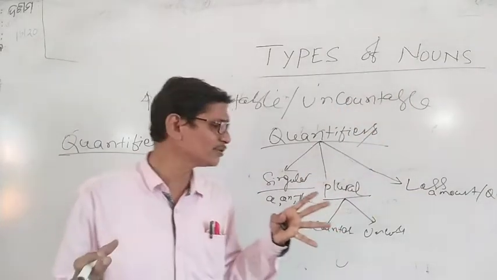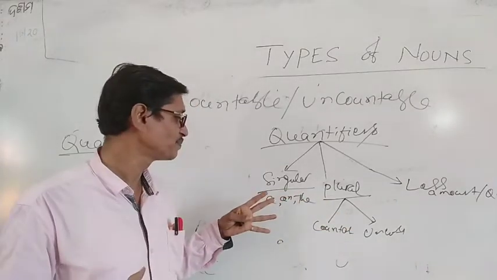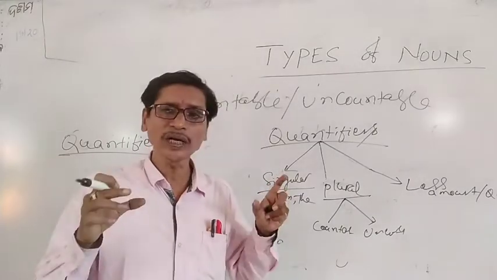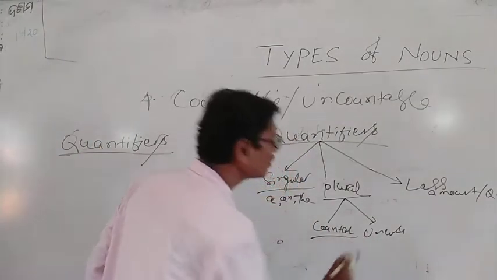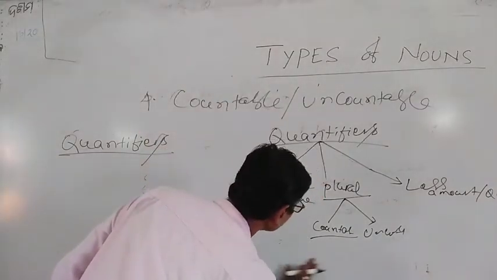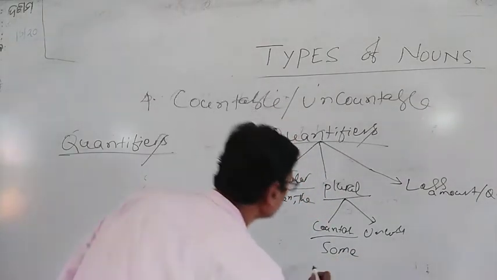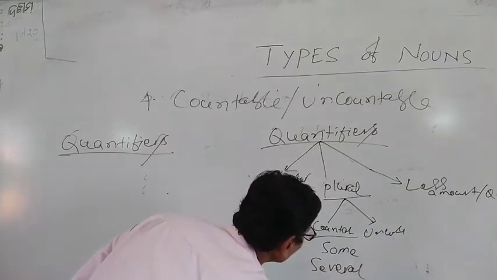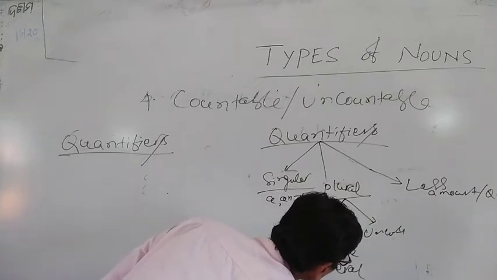So those words we have been using, you know them well. But we have a little confusion, therefore let's understand them clearly and easily. For countable, what words are we using as quantifiers? You see, some, several, a lot of, lots of, etc.